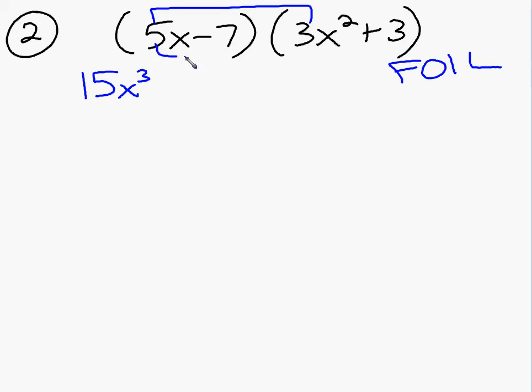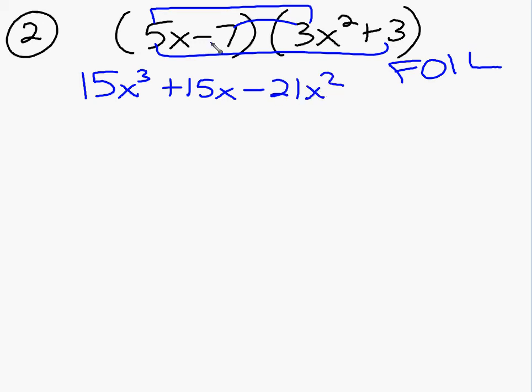Then I multiply the outside terms together. That becomes plus 15x. Then I multiply the inside terms together, minus 21x squared. And then I multiply the last terms together and get negative 21. In this case, there are no other terms I can combine because all four of these terms are different. There are no like terms there.